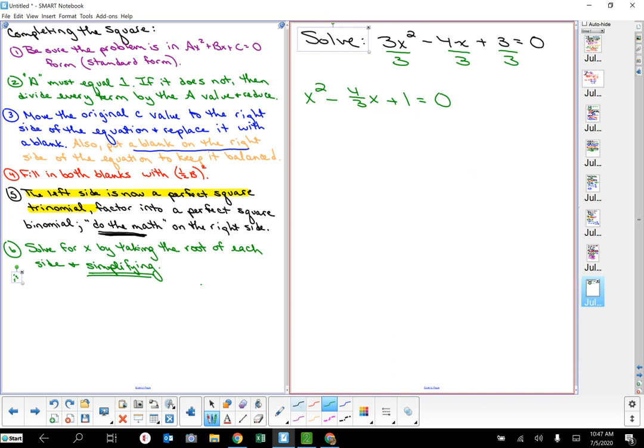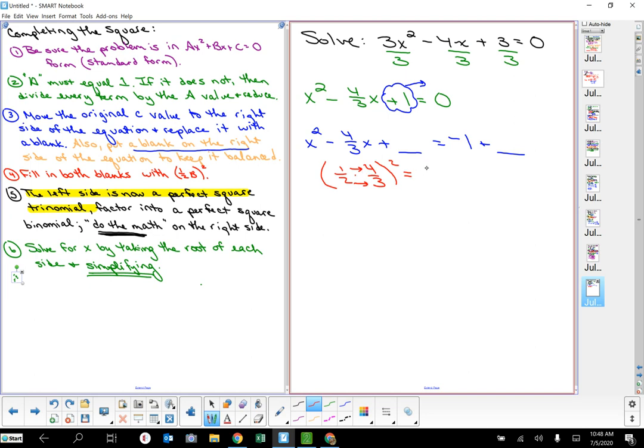Now, the next step, step 3. Move the current c to the other side and replace it with a blank. So we're going to have x squared minus 4/3 x plus a blank. The 1's going to become negative when it goes to the other side, plus a blank. Well, we know that our blank is 1/2 of our b term squared. Remember when you multiply fractions that you multiply straight across, top and bottom.